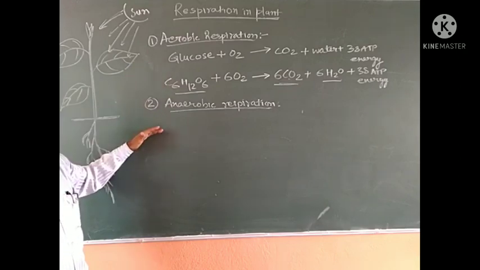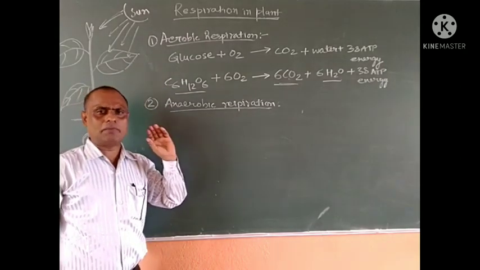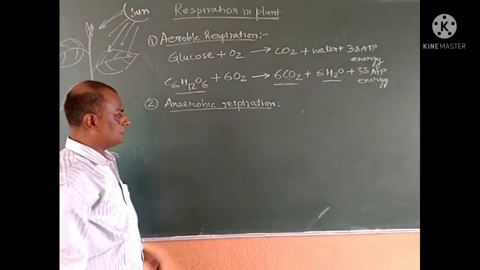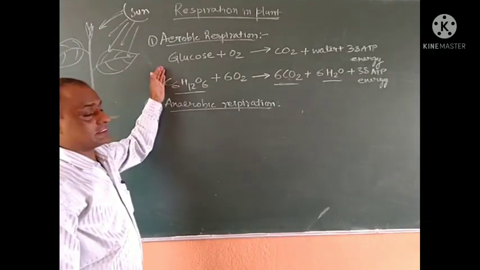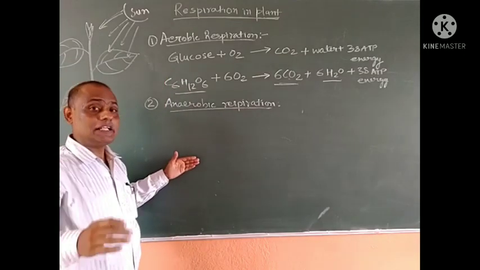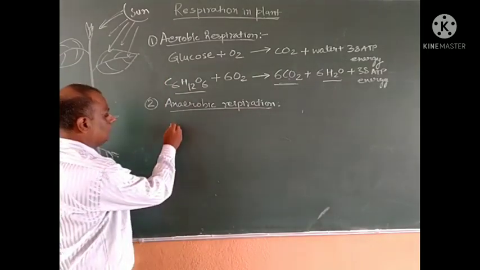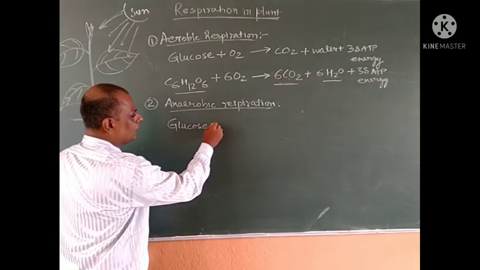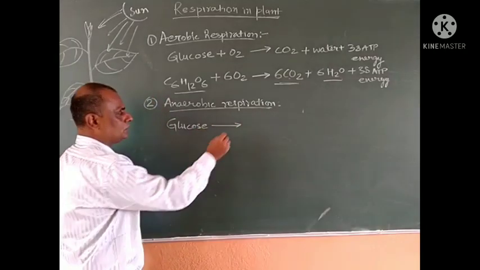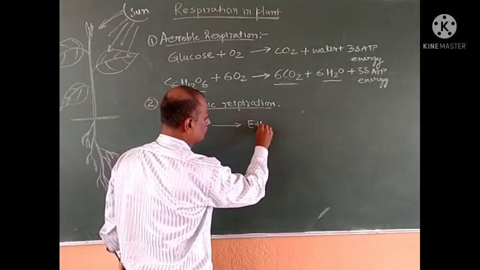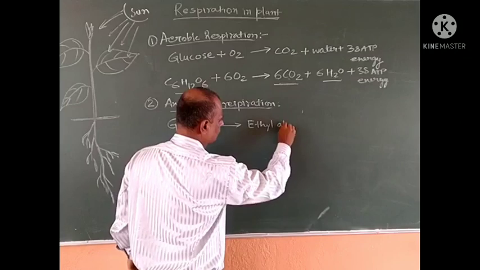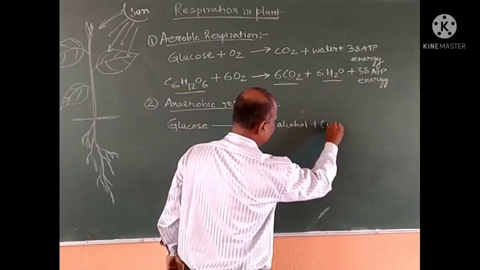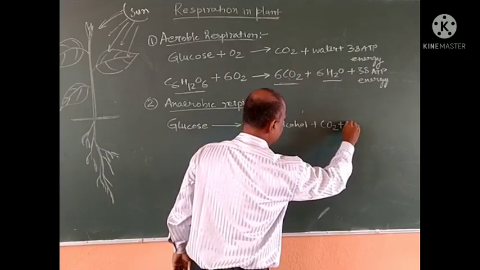Similarly, what happens in the very small microscopic organisms? In the small microscopic organisms, the food is incompletely oxidized in absence of oxygen. Here you can see the glucose is incompletely oxidized into ethyl alcohol and carbon dioxide and energy.